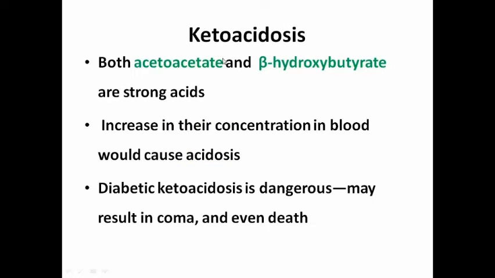Then finally, let us see about ketoacidosis. What do you mean by ketoacidosis? Acetoacetate and beta hydroxybutyrate are both strong acids.